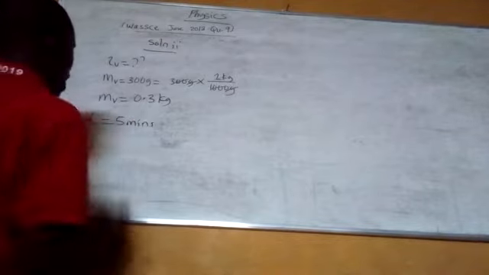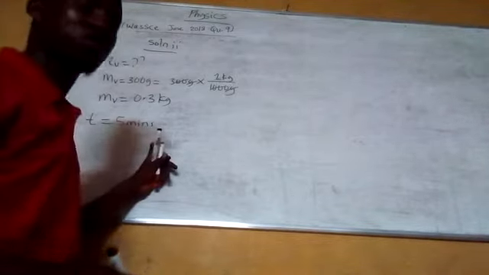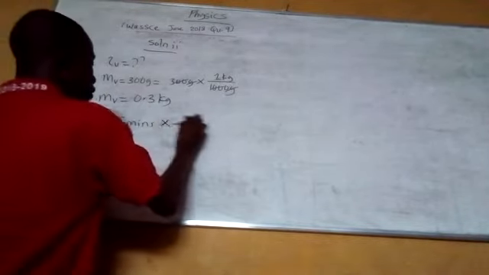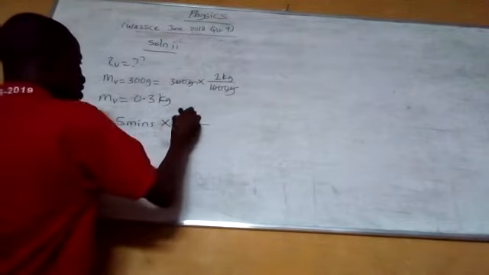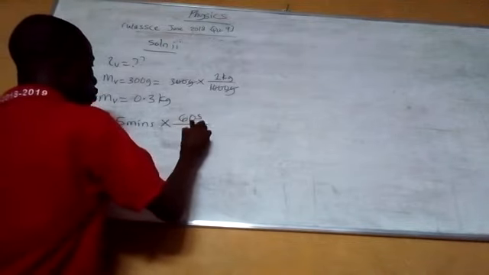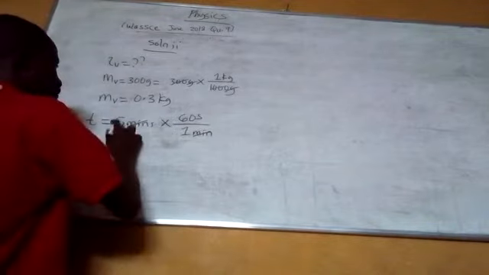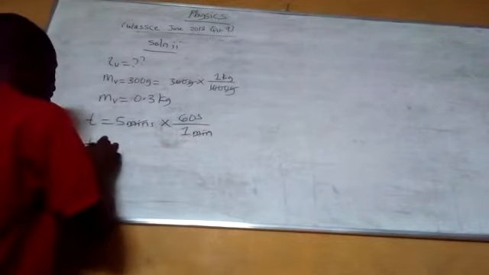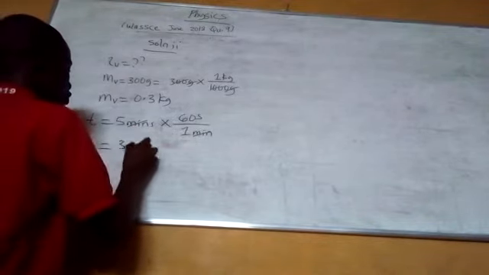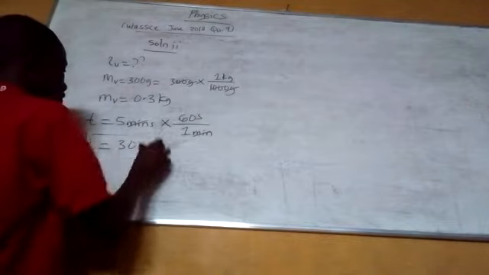So we need to convert from minutes to seconds. So here we know that for every 60 seconds equal 1 minute. We can see that minute and minute will cancel. So we get 5 times 60, we get T to be equal to 300 seconds. So this is our time.